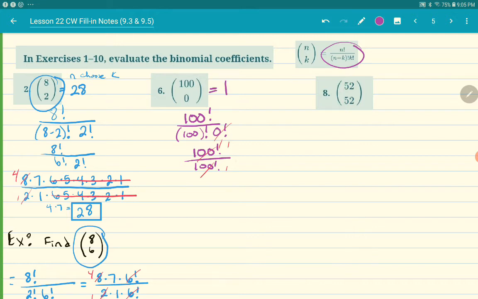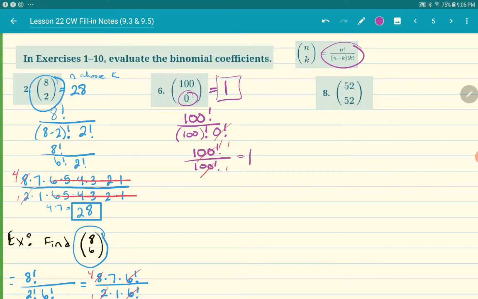So that equals 1. Now think about your choosing. If you have 100 people and you're going to choose 0, there's only one way to choose 0, and that's by choosing no one. So that is one that I wouldn't feel the need to do the formula for, because I can think easily about it: whenever I have a 0 for k, I know that there's only one way to do it.